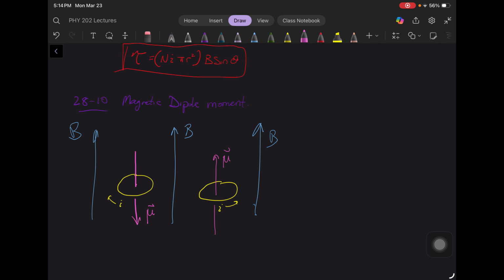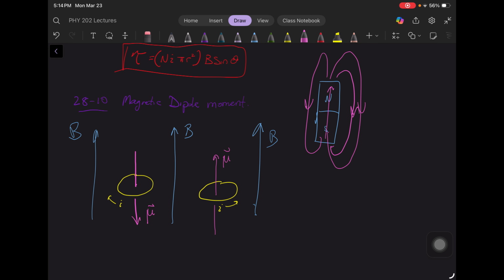And just like if we were to have a bar magnet, we kind of glossed over it before, but inside the magnetic field points this way, and then outside we get our loops pointing like this.